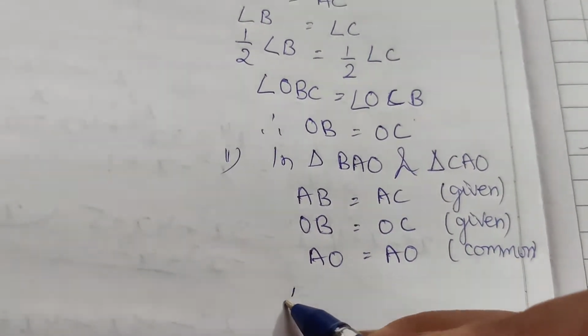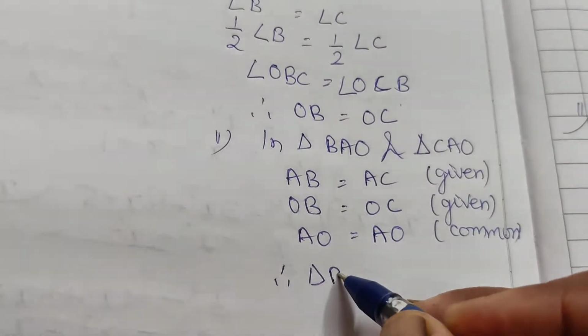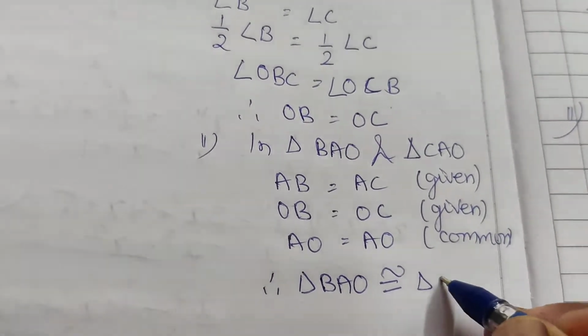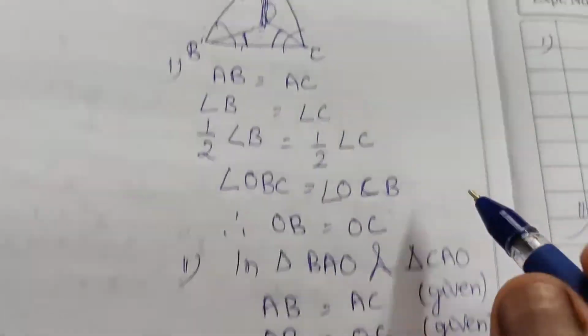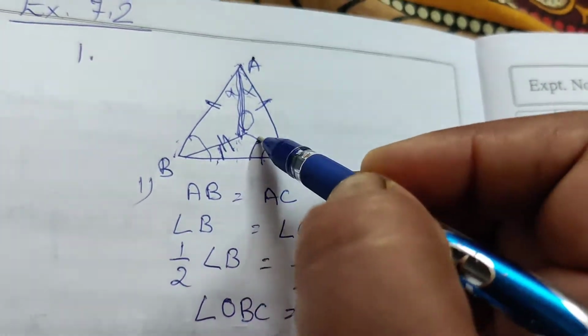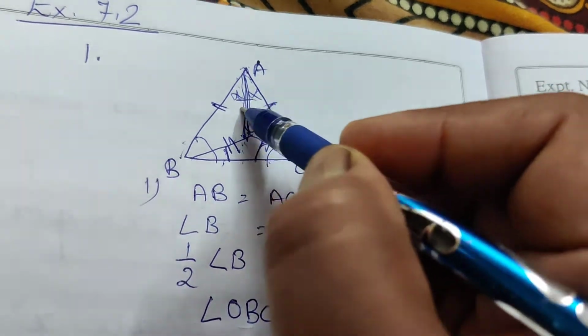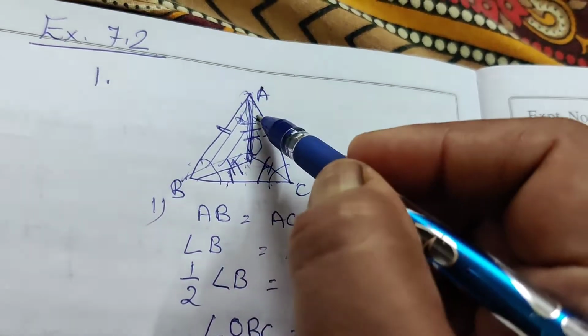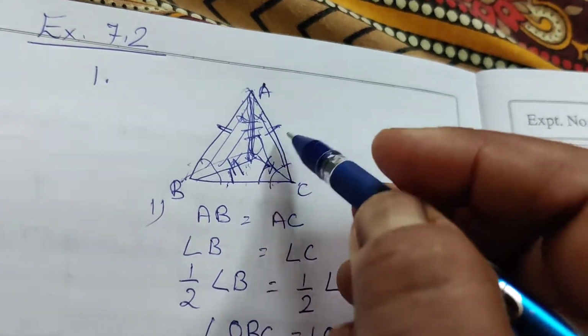It means triangle BAO is congruent to triangle CAO. See, AB equals AC given, OB equals OC already proved, and AO equals AO common. Therefore, these two triangles are congruent.